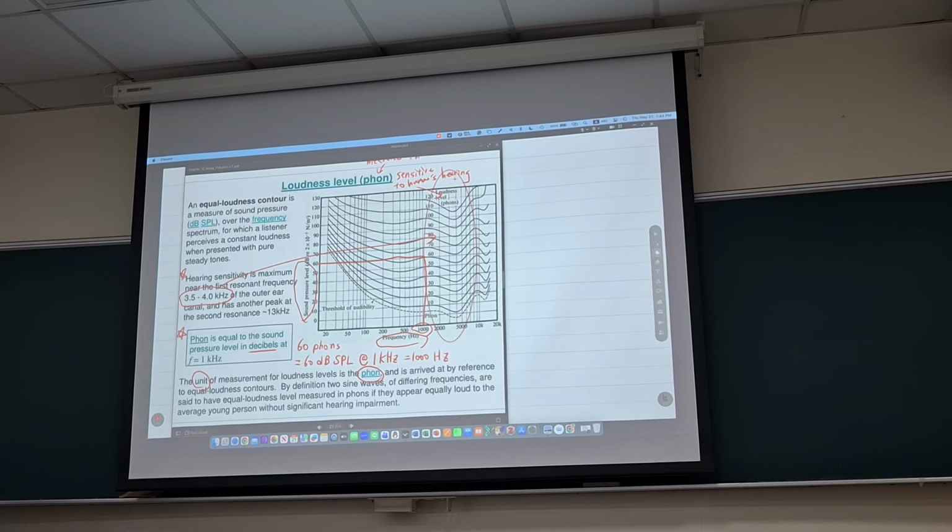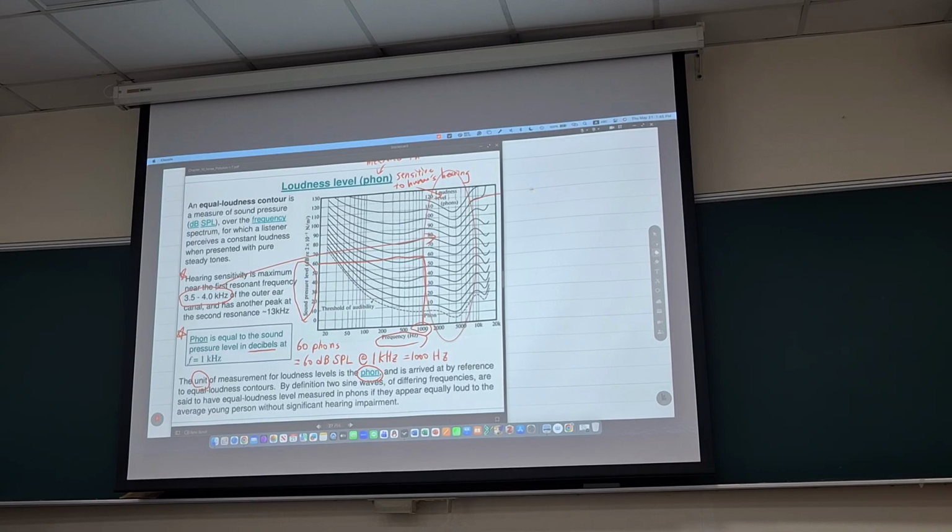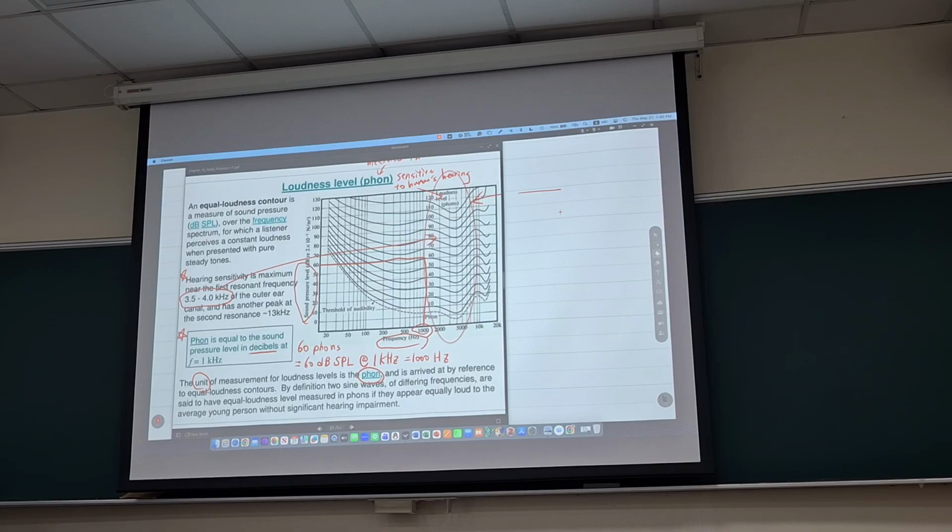Okay, so what does that mean? That means the sound in this range needs less sound pressure. What does this mean? Let me write this one down.